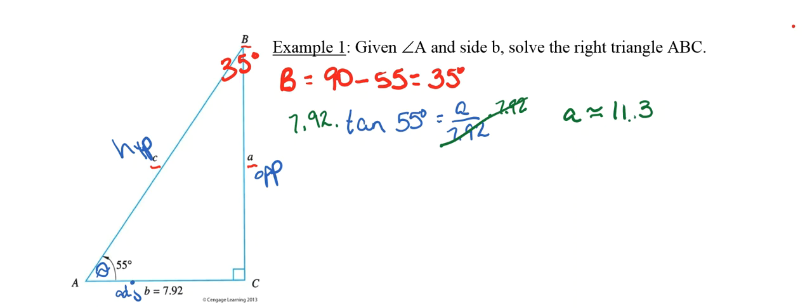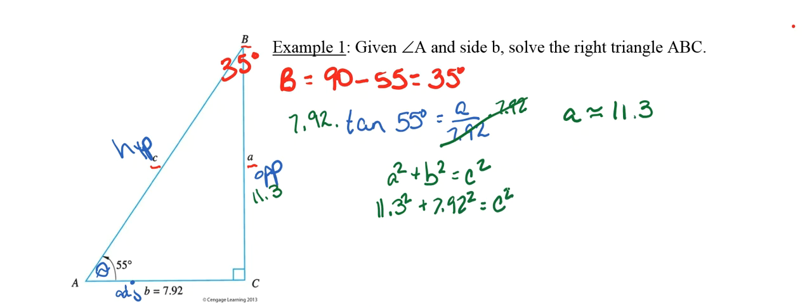Now that I know what side A is, to find side C, if I have 2 out of 3 sides of a right triangle, I can simply go back and use the Pythagorean theorem. So I'm going to do that. My Pythagorean theorem, remember, is a squared plus b squared equals c squared. A is 11.3, b is 7.92, and I'm solving for c.